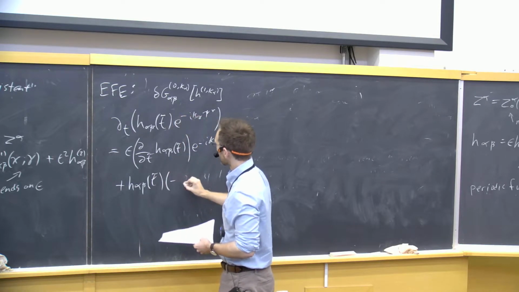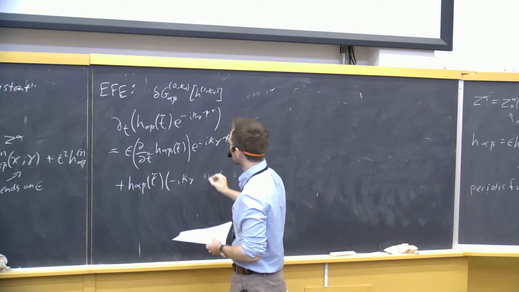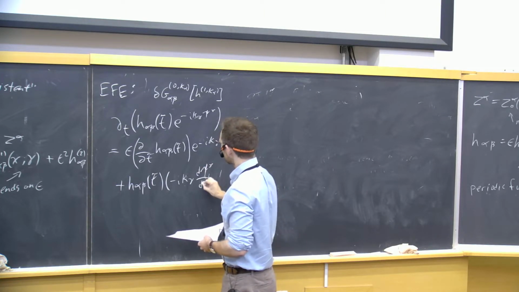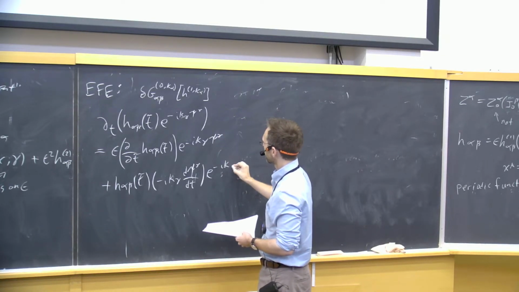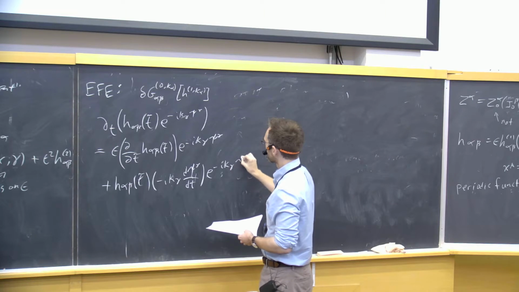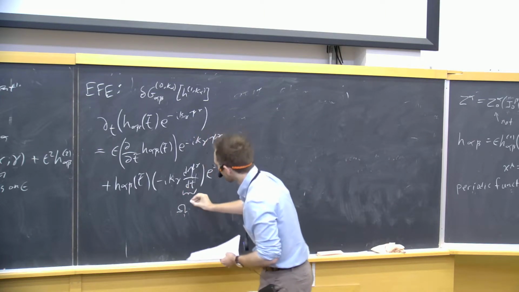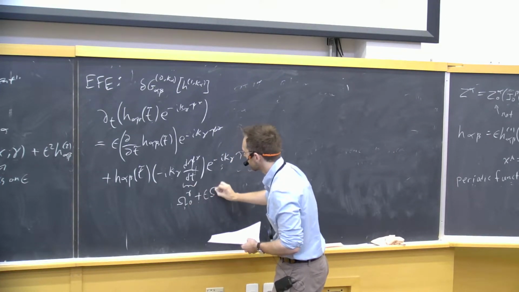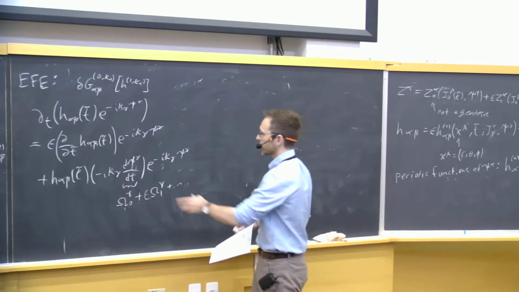So that brings down a minus i k gamma dt times the phase factor. And this was omega 0 plus epsilon omega 1 and so forth. This is just the frequency.